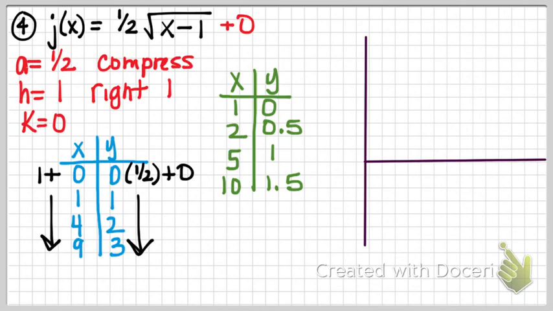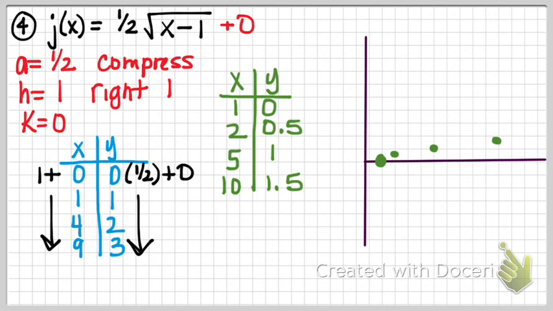So x is 1, y is 0. And then x is 2, we go up 1/2. Let me zoom in real quick. And then for 5, we go up 1. 3, 4, 5. And then for 10, we go up 1.5. 6, 7, 8, 9, 10, 1.5.